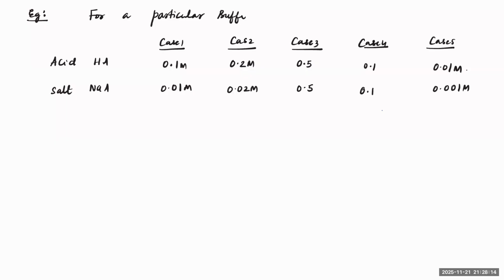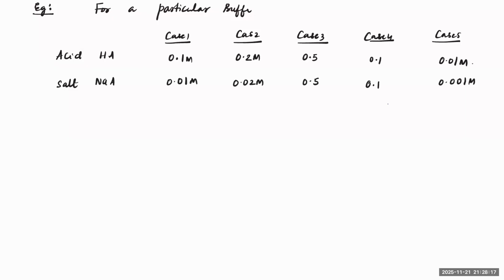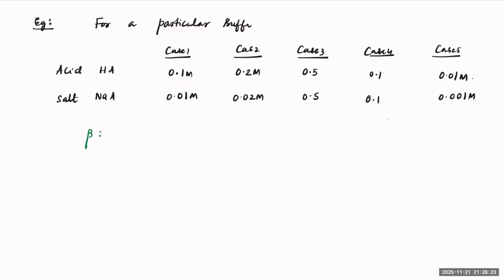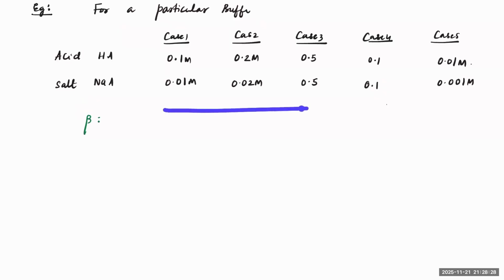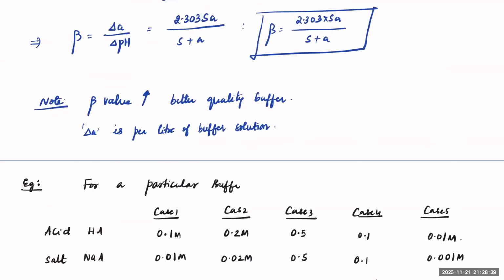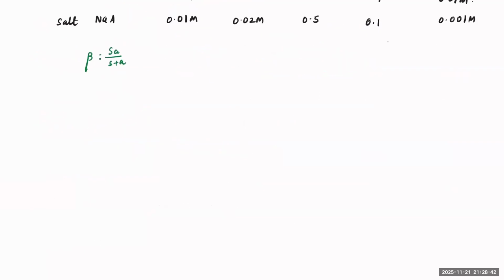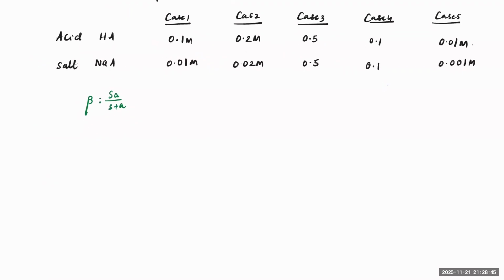Now, in all of these cases, let us calculate the value of beta. Beta will be equal to 2.303 multiplied by SA divided by S plus A. Because 2.303 is common, I'm just taking the ratio here. That is what we learned as the formula. So let me do that. 0.1 into 0.01 divided by 0.1 plus 0.01.